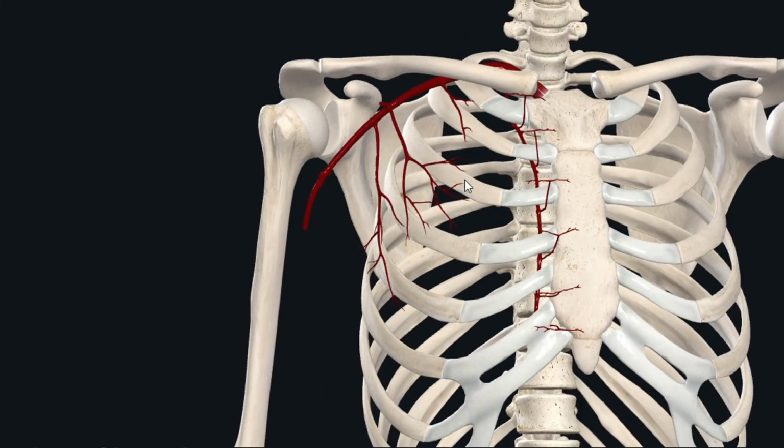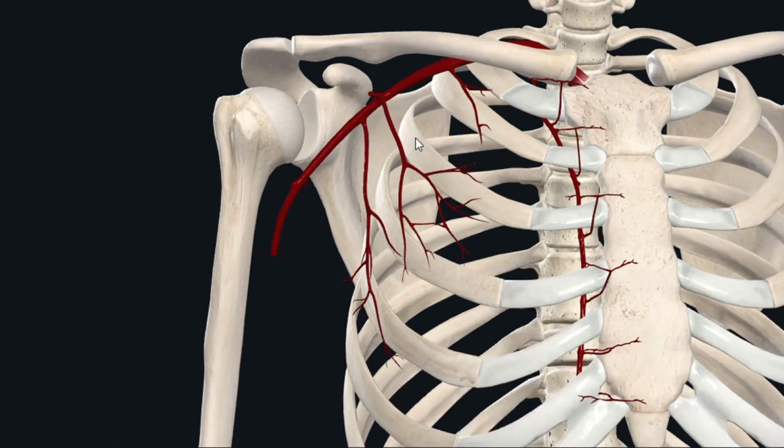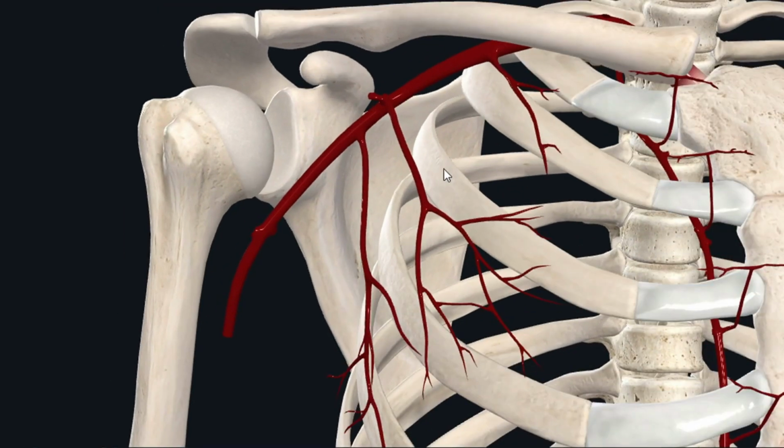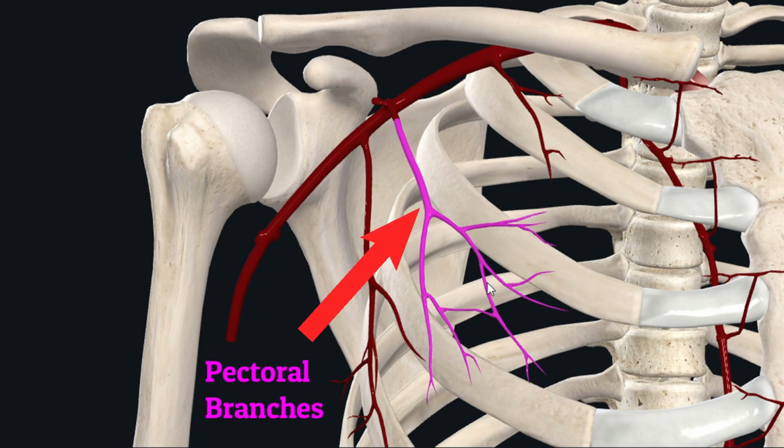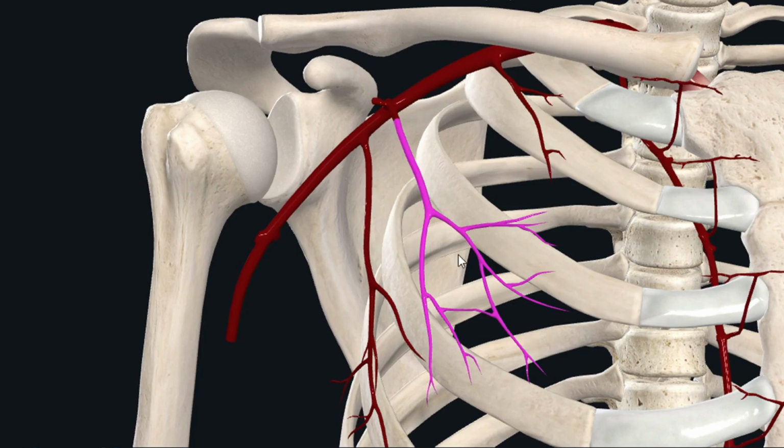Now you can see the arteries supplying the muscle. This one is the thoracoacromial artery highlighted in pink, and these branches coming off it are the pectoral branches, which then supply the pectoralis major muscle.